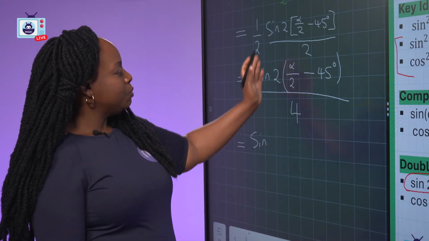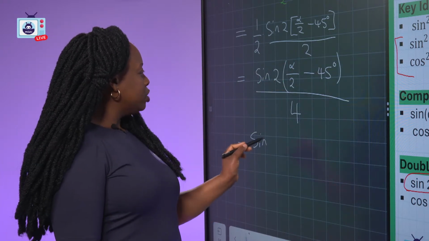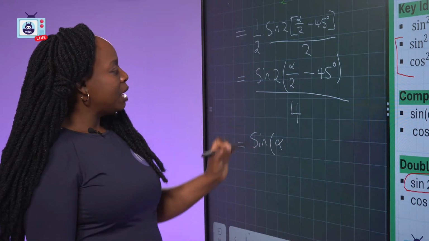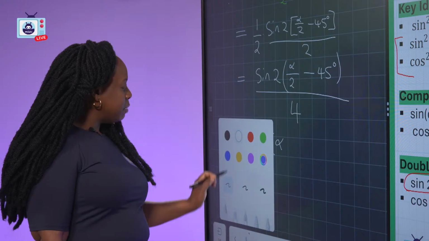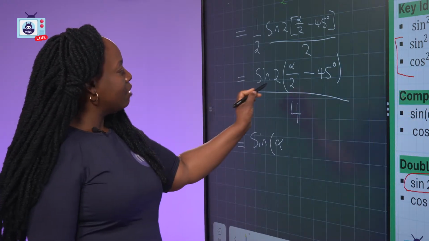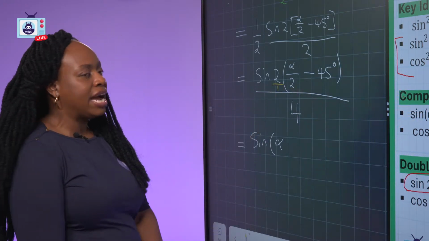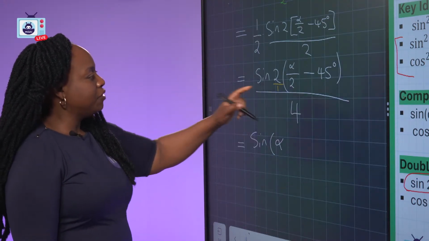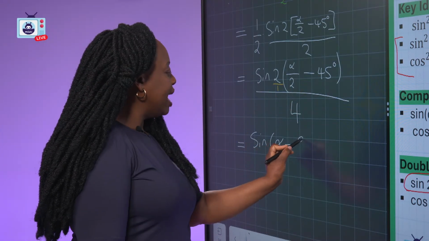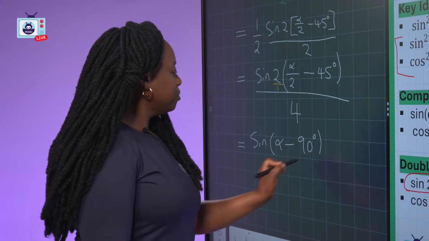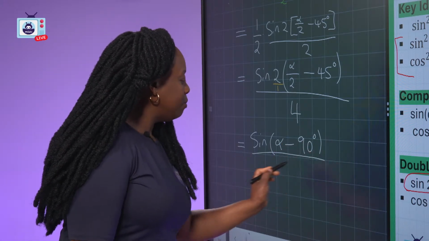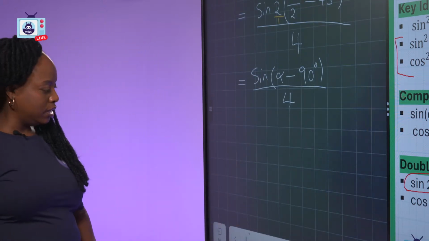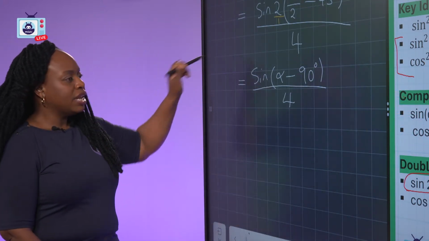If I multiply 2 inside the bracket, I'll have only alpha, because 2 multiplied by alpha divided by 2 gives me just alpha, because remember this is also divided by 1. Then when I multiply the negative 45 by 2, I'll have a negative 90. But this all is divided by 4. So that's what I got. Can you see? Okay, so that's what I'm getting there.